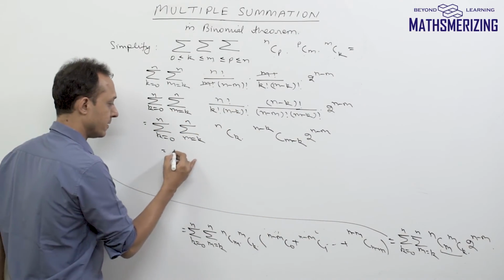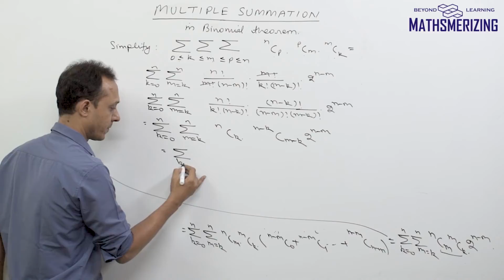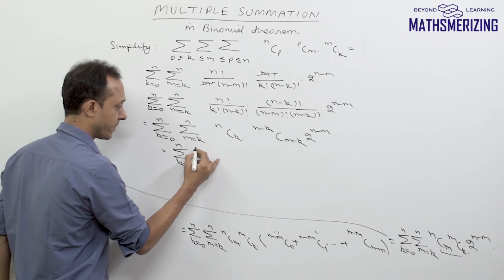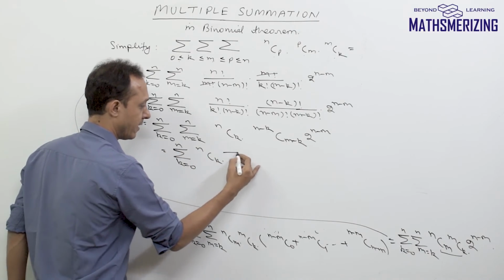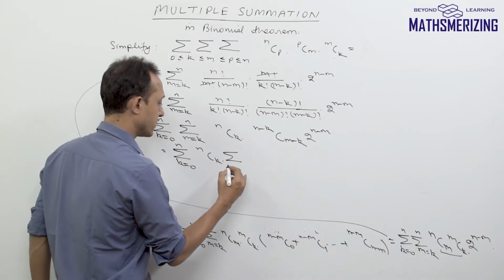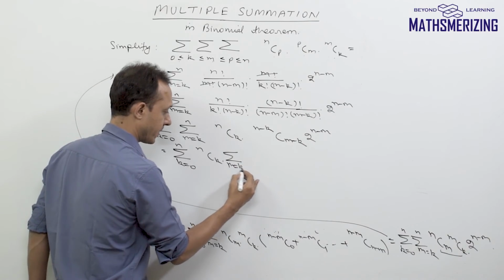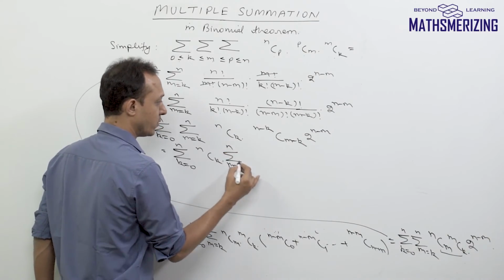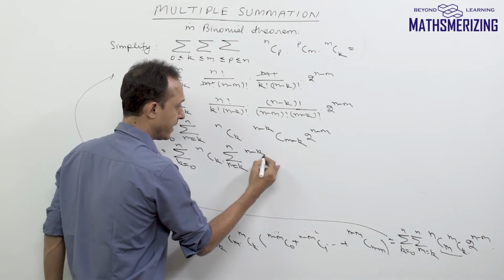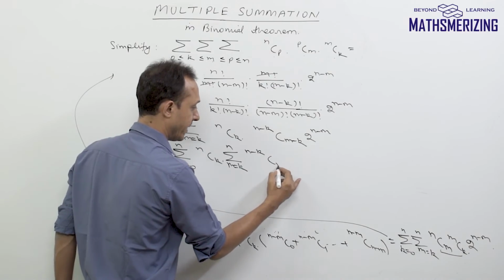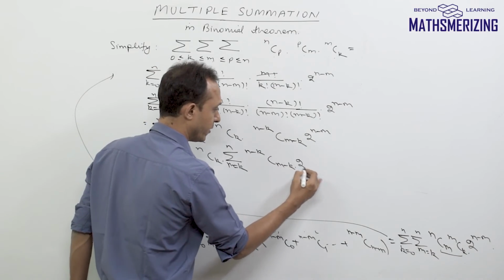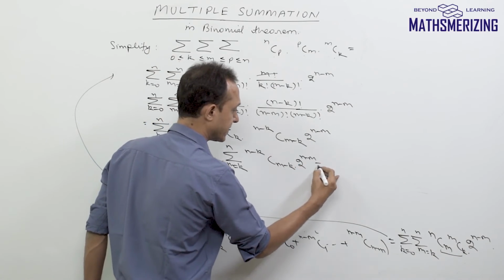So I'll write summation k varies from 0 to n, and there'll be nCk, and then I'll write summation m varies from k to n, and there'll be n minus k, c, m minus k, and 2 to the power of n minus m.